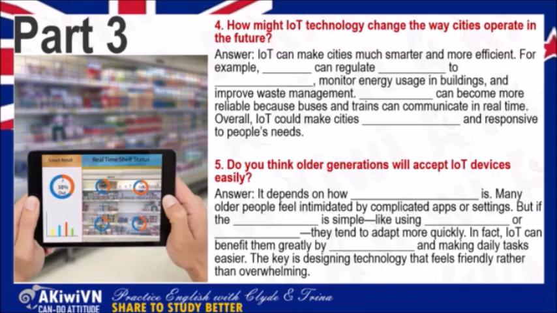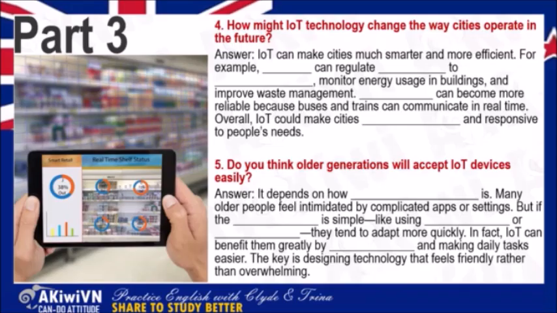Question 5. Do you think older generations will accept IoT devices easily? Answer. It depends on how intuitive the technology is. Many older people feel intimidated by complicated apps or settings.